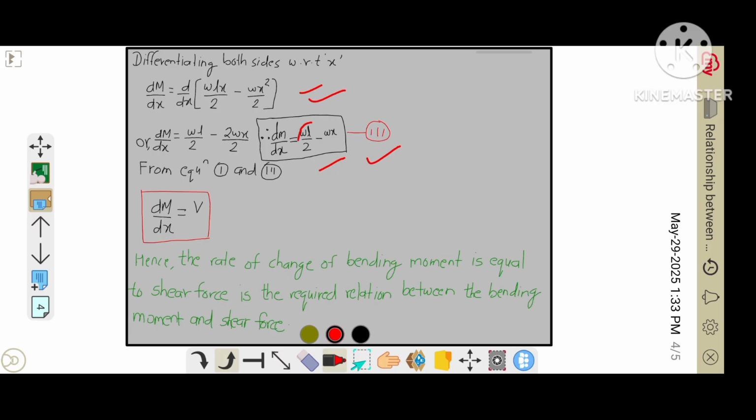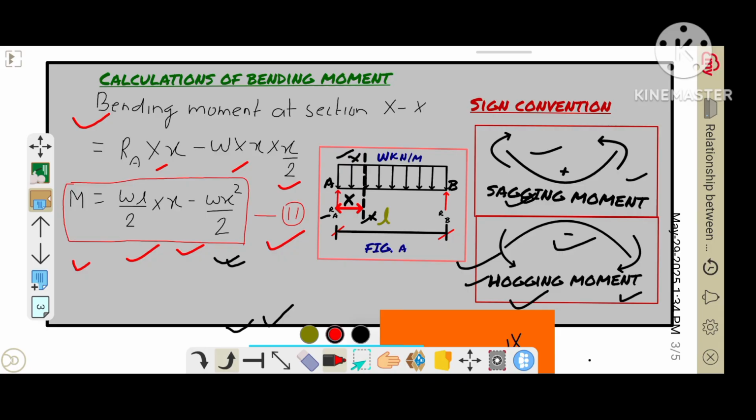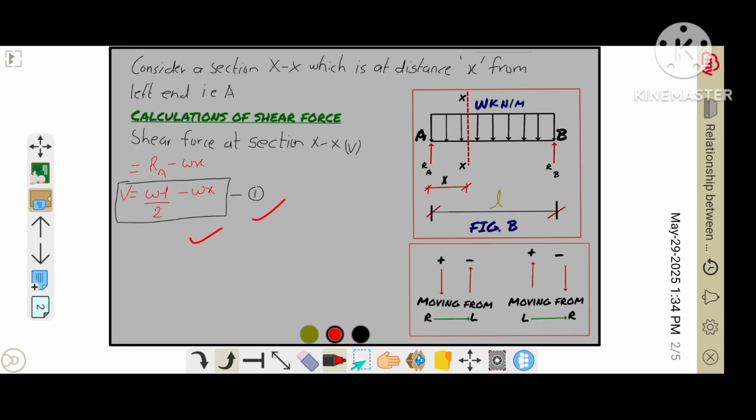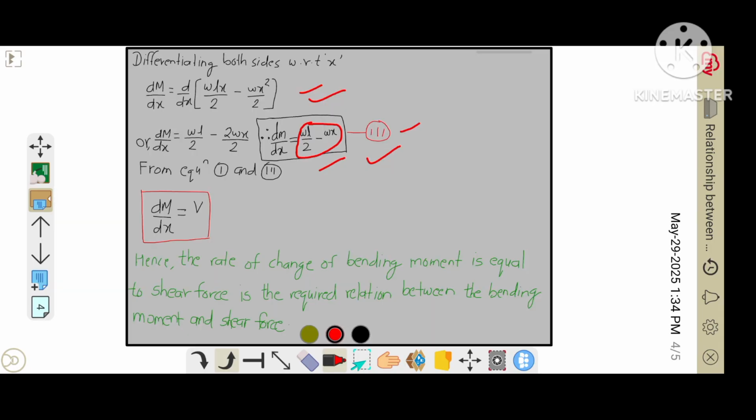So this WL by 2 minus W times x is nothing but the shear force. So from equation first and equation third, we can write that the first derivative of bending moment is equal to shear force, that is, the rate of change of bending moment is equal to the shear force, and this is our required relation between the bending moment and shear force.